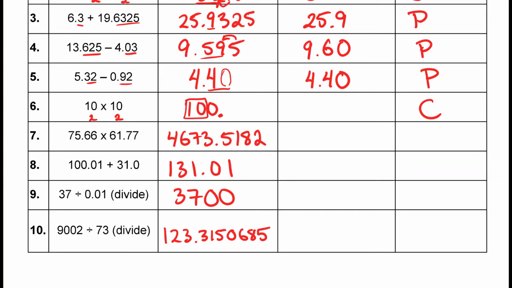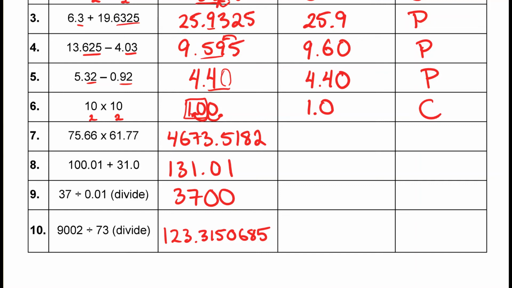When we turn things into scientific notation, we have to move the decimal so that it's just after the first significant digit. So 1, 2, we're going to move it 2 places. Now we look at our 2 significant digits here, and it's 1.0.